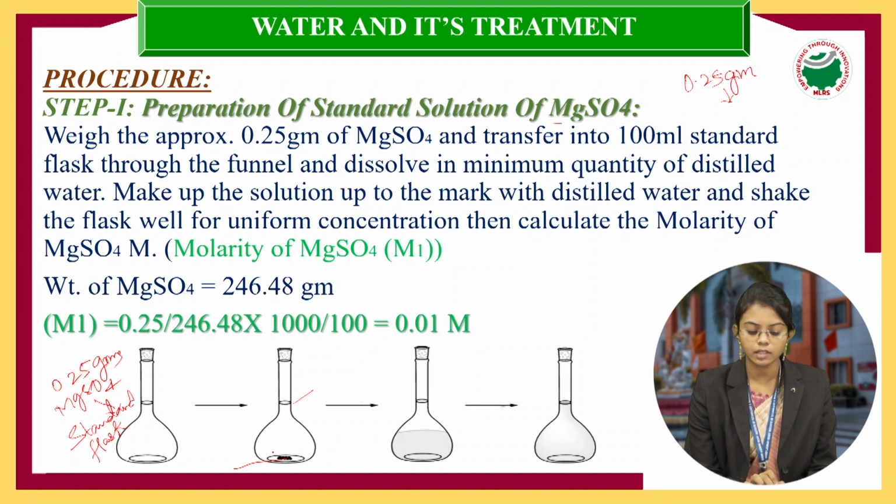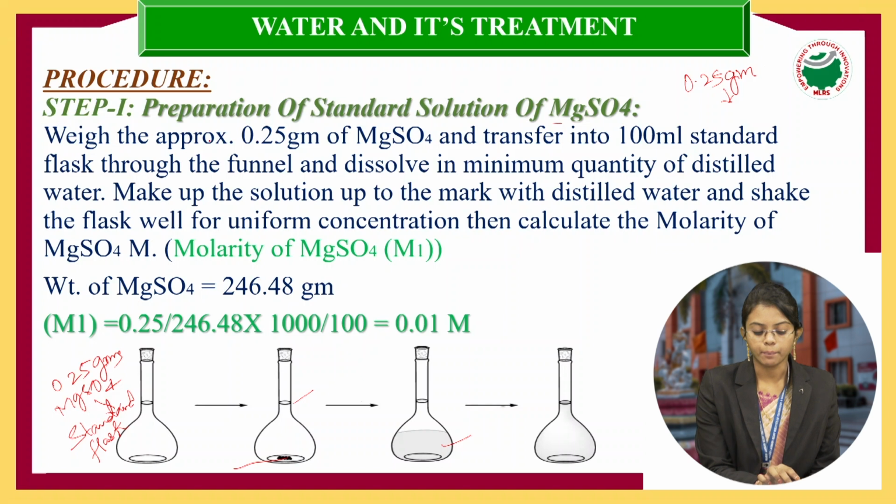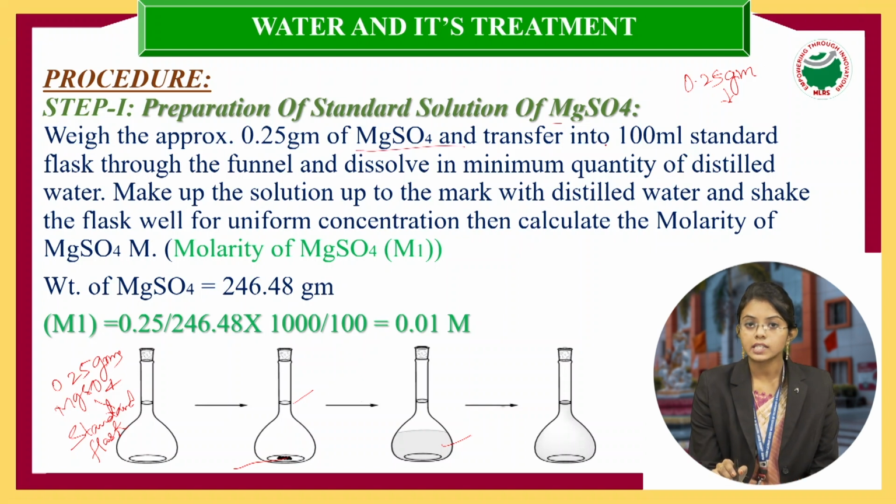You have to dissolve the salt in the distilled water like this, so that you can see the formation of a clear solution. Weigh approximately 0.25 grams of MgSO4 and transfer it into a 100 ml standard flask. That means you have transferred the salt into a standard flask of 100 ml.